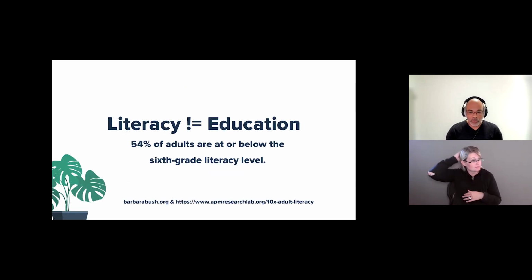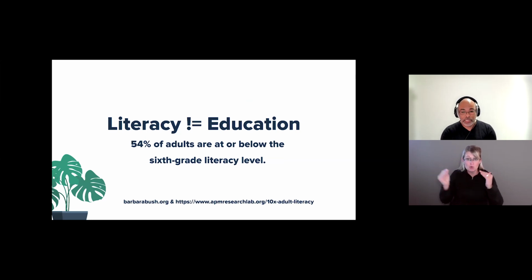One thing that we need to keep in mind when we're writing our body copy is that literacy does not equal education. There are 54% of adults here in the United States alone that are either at or below a 6th grade reading level. Literacy doesn't mean education. You can have someone who can read and write, but that doesn't necessarily mean that they actually understand the copy and the words that are actually in front of them.